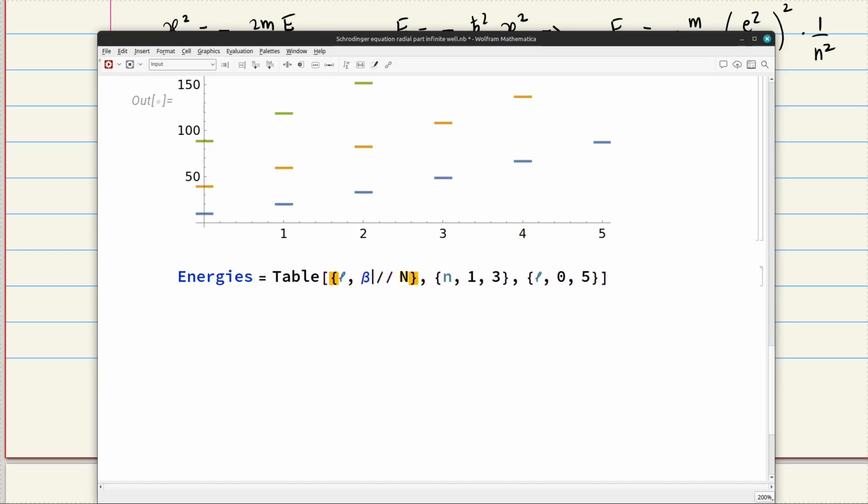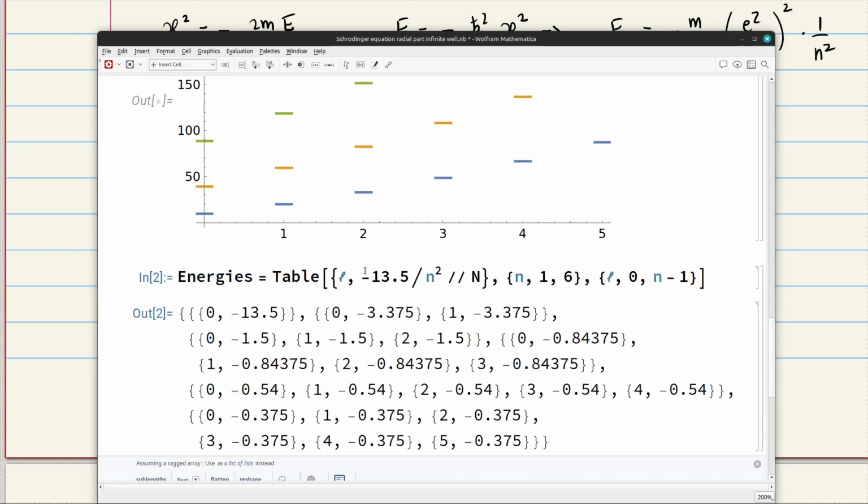Let's write much simpler: minus 13.6 divided by n squared. And I want n to go from 1 to, I don't know, 6. And L will go from 0 to n minus 1, right? So this is n minus 1. Okay, these are the numbers.